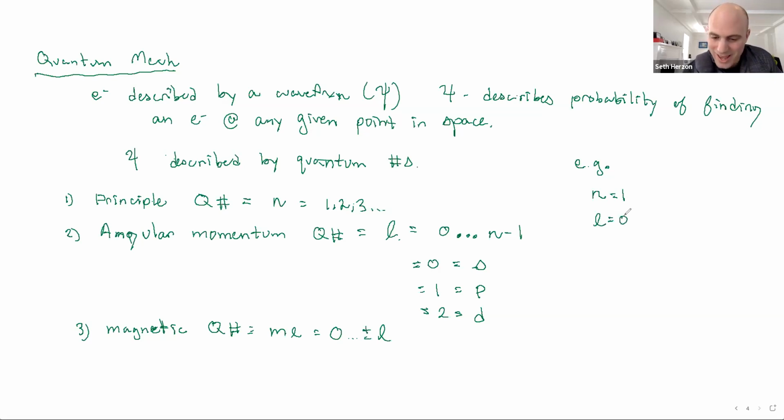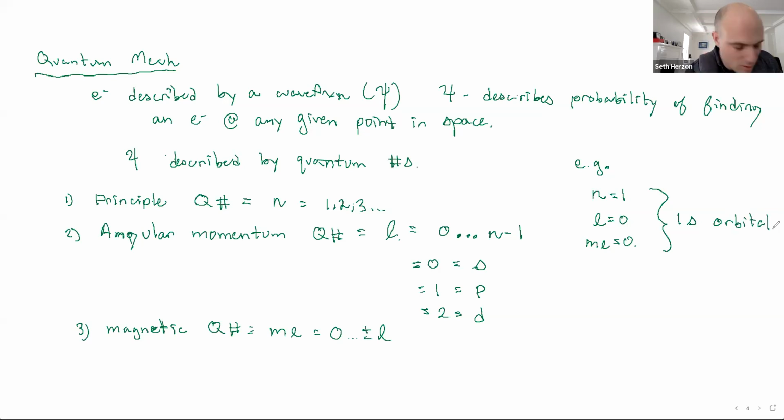And M sub L is defined as 0 to plus or minus L, so that is also 0. This, I'll show you, is what we call a 1s orbital.